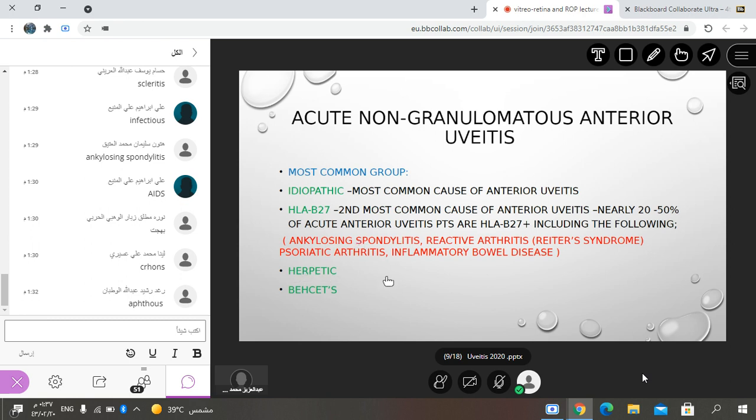Herpetic, of course the most important is herpes simplex. Most likely it is herpes zoster versus cytomegalovirus. What are the herpes viruses that are under the herpetic family? Any idea?